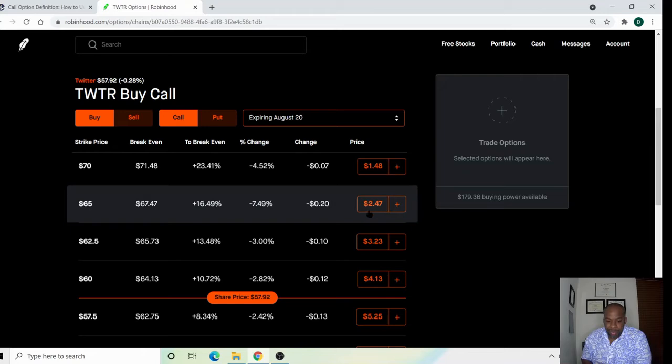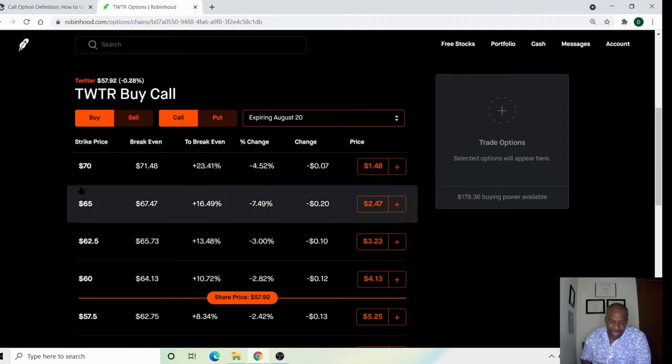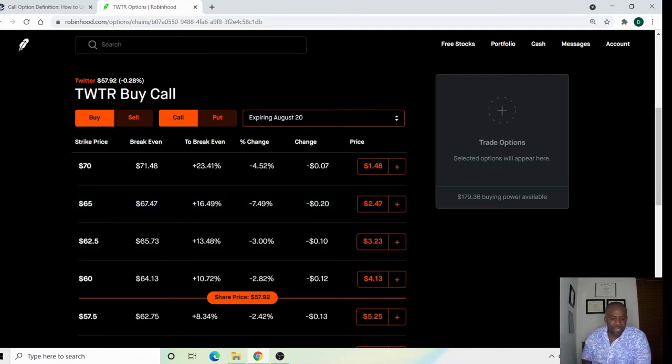You believe it'll be above $65 by August 20th. The premium you would pay would be $247, or $2.47 times 100. If by August 20th it's at $70, that $5 in between times 100, that $500 profit minus the $247 is the profit you would keep, which, to do the easy math, is roughly $250.